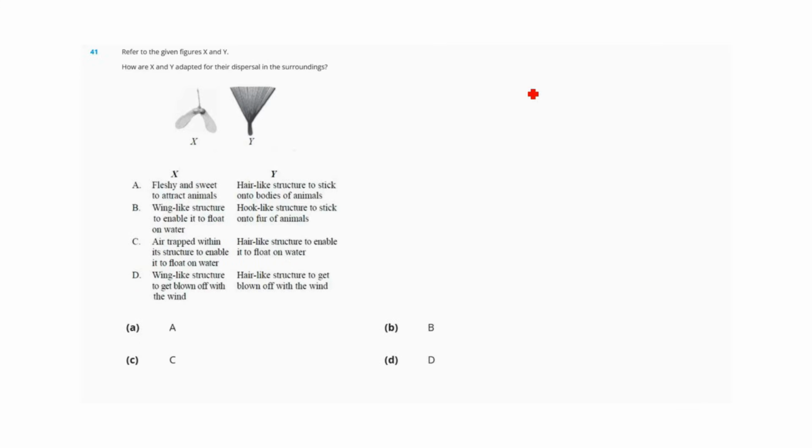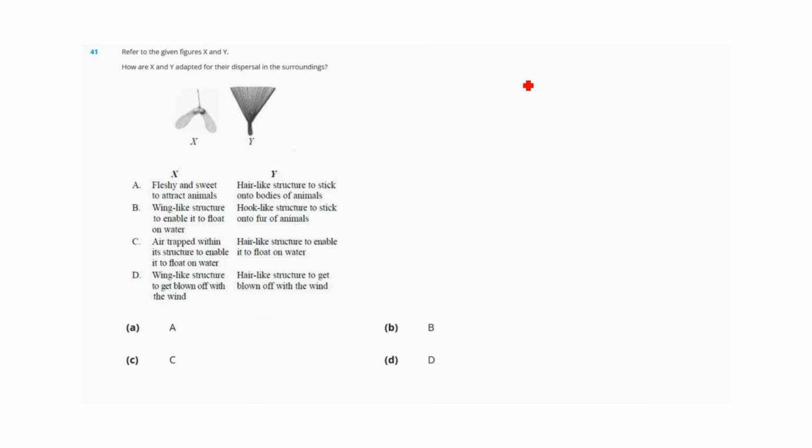Question number 41. Refer to the given figure X and Y. How are X and Y adapted for their dispersal in the surroundings? Here you can see that X has a wing-like structure and it is easily blown away by the wind. This is best suited for wind dispersal. Y also has a very silky feather-like structure that helps in the dispersion of the seed.